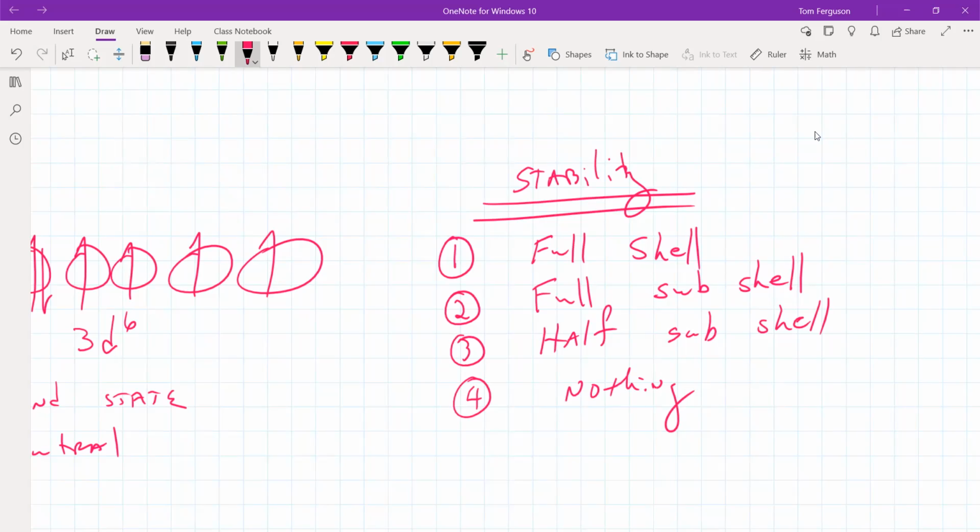So if we lose 1 electron, we go up a level in stability. So that's why iron frequently has a +1 ionic charge for this reason. If it loses 1 electron, its subshell will be half full. Half full is better than no combination.